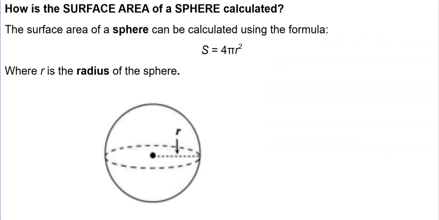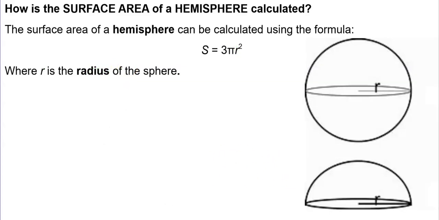Surface area of a sphere is just going to be 4 times pi r squared. So the only length I need to know for a sphere is its radius, the distance from the center of this sphere to the edge of the sphere. And then sometimes we're going to use hemispheres. A hemisphere is half a sphere.